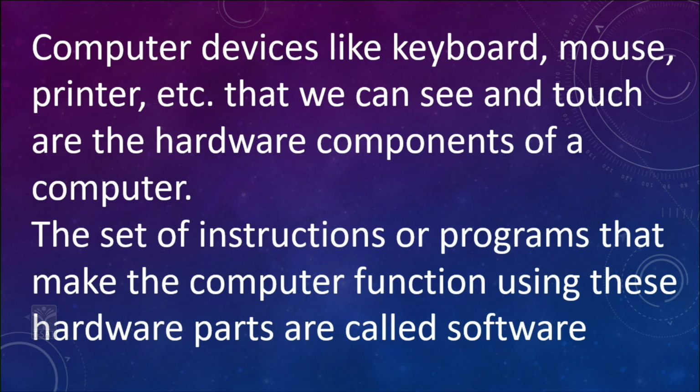These two words are very, very important: one is hardware and the second one is software. The components used in the computer are simply hardware, and the set of instructions or programs that make the computer function using these hardware components is called software. That is very, very important.